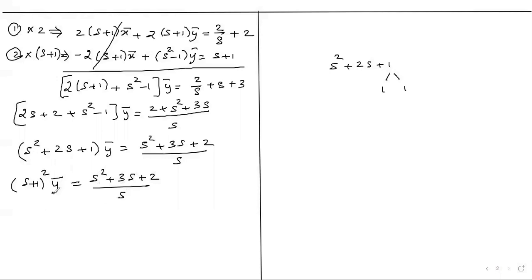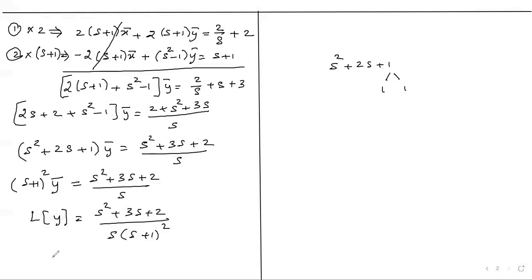And now this y bar can be rearranged. It has what? L of y. So L of y will be here in the left hand side. Now s plus 1 the whole square can be taken to the other side. So s square plus 3s plus 2 over s times s plus 1 the whole square. And from here, we have to solve for your y.